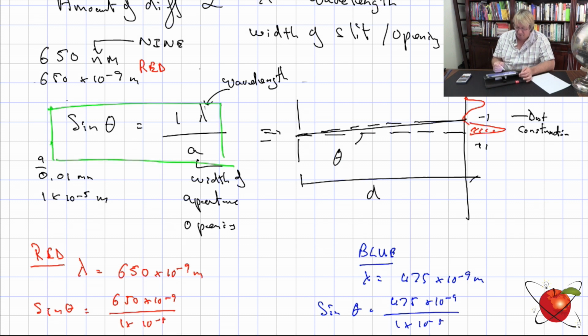Okay. Remember, the n over there is actually to my first fringe on the outside. So that kind of puts together what happens when we do the different colors of light through the single slit. And yes, you get double slit experiments, you get diffraction grating experiments, which essentially do the same thing.